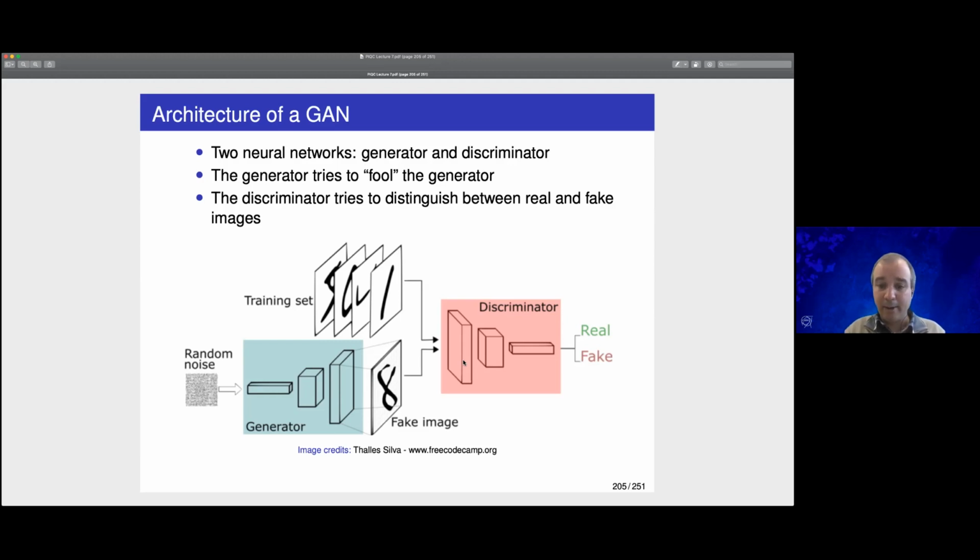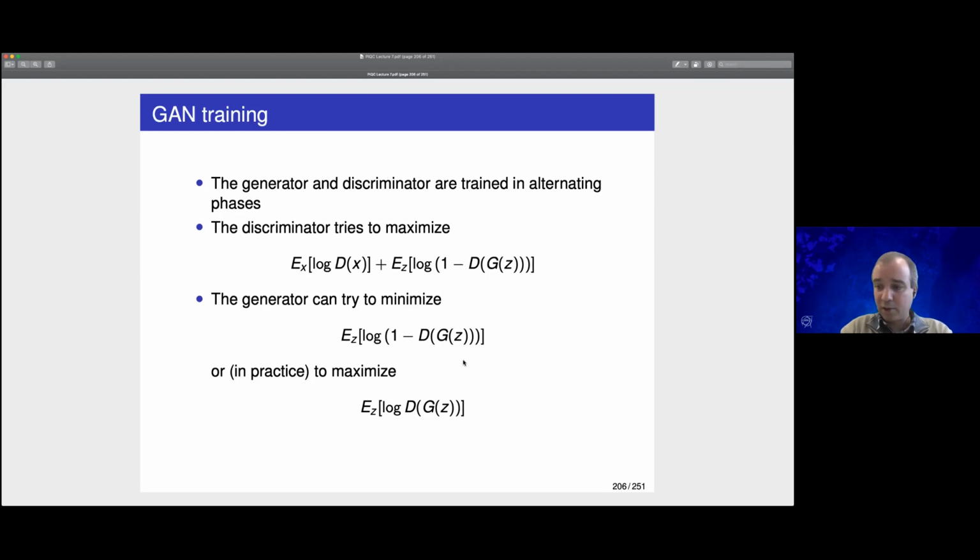The discriminator classifies the data into real or fake, and depending on the answer, we then modify the parameters of the generator if we are training the generator, or the parameters of the discriminator if we are training the discriminator. In order to do that, we define some loss functions, which are kind of symmetric, although in practice sometimes they are not used in a symmetric way. The discriminator tries to maximize these functions and the generator tries to minimize them.